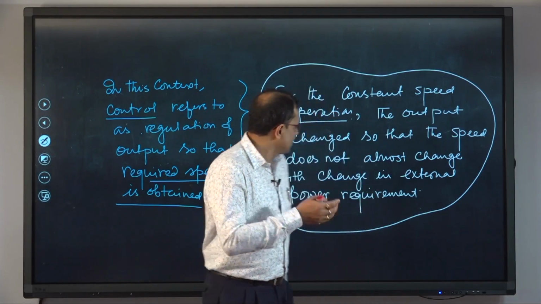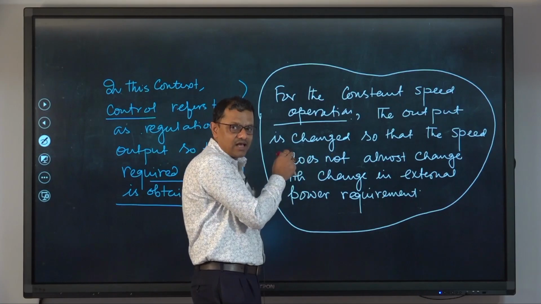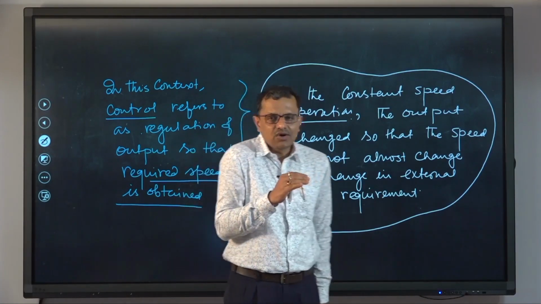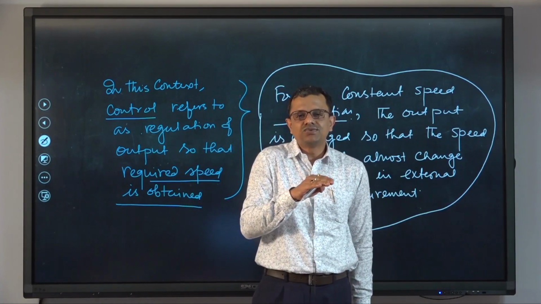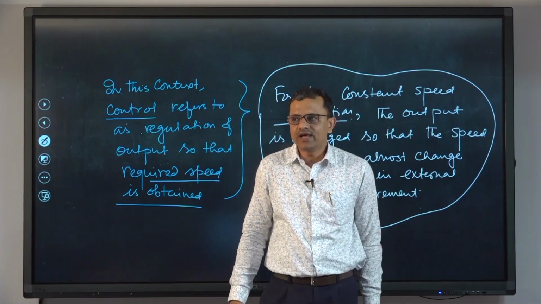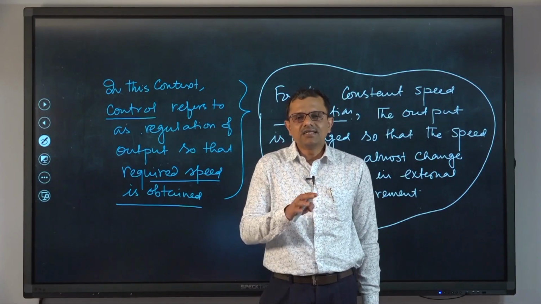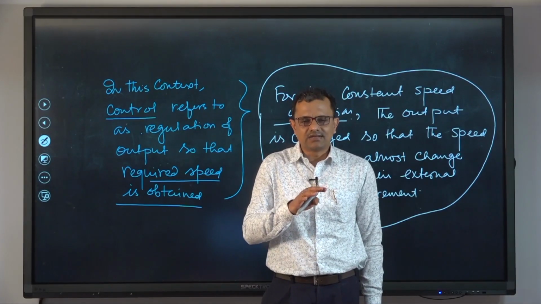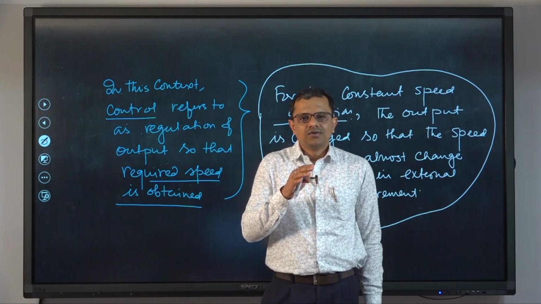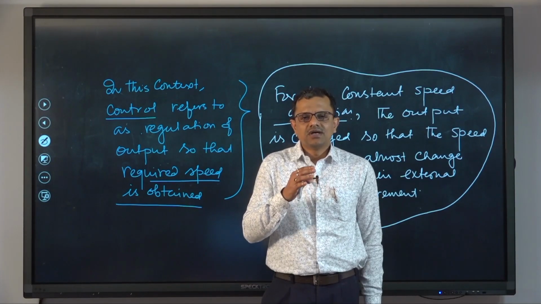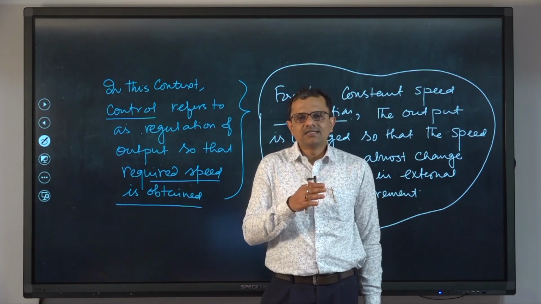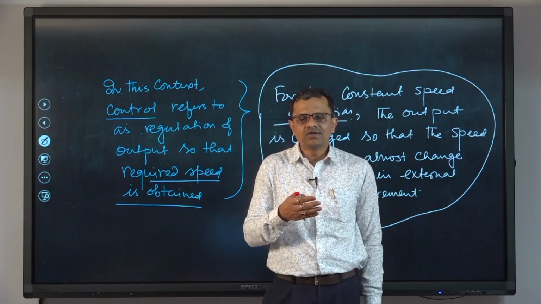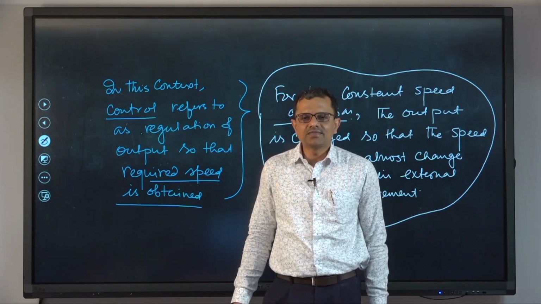So, from this line we can understand we need to have a control. It is not really possible for the speed to remain at a unique value, but it remains within a close variation, right. Either it is a mechanical governor or an electronic governor, which we will study later in this class.